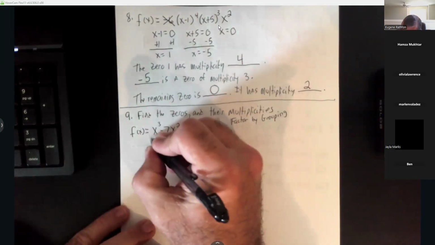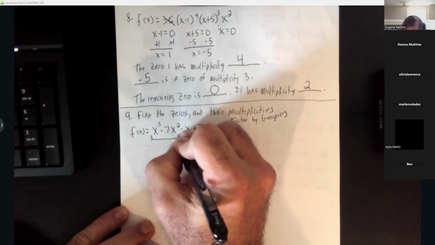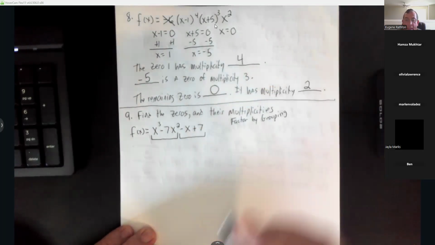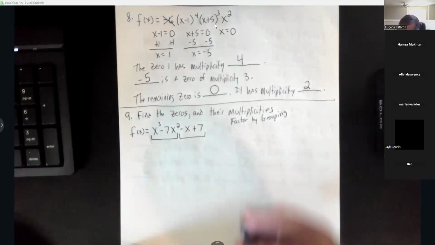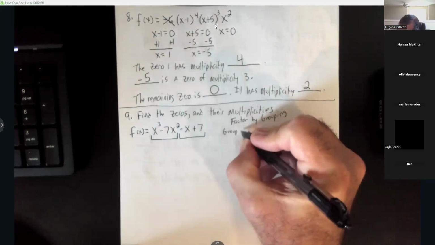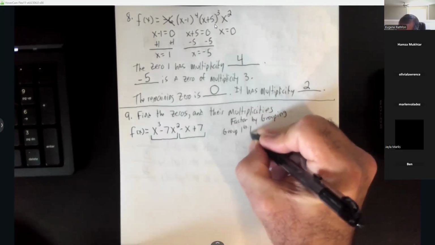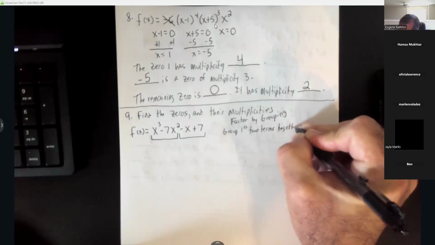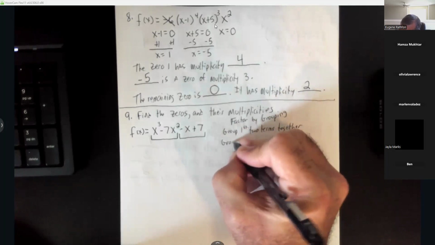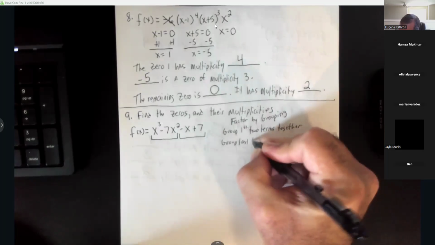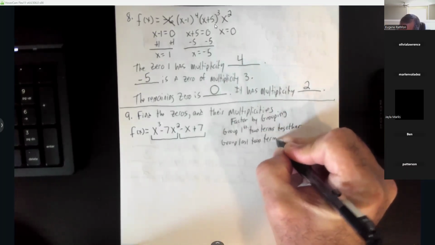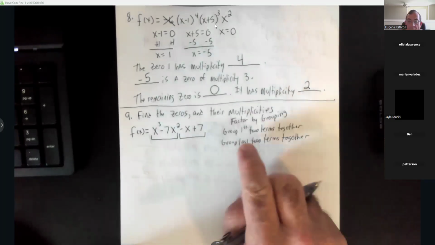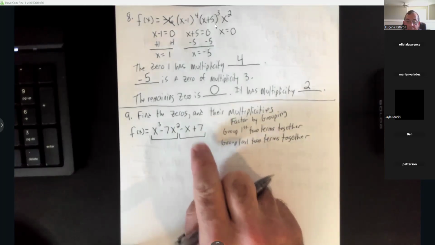So the first thing you want to do is group the first 2 terms together and the second 2 terms together. So group first 2 terms together. Group last 2 terms together. So I grouped my first 2 together, my last 2 together.